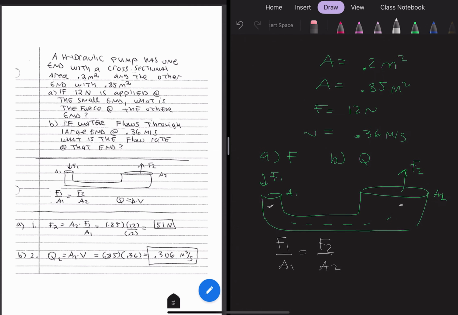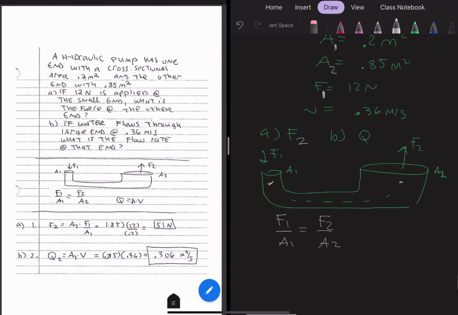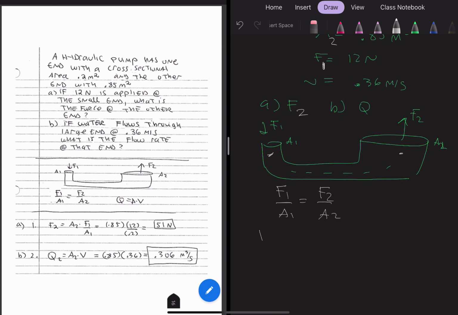So here, in terms of the values given, the 0.2 is going to be the small area, so this is going to be A1. And 12 newtons is applied to the small end, so this is going to be F1. So we're trying to find F2. And the big area is going to be 0.85. Okay. So now we can try to solve for F2.